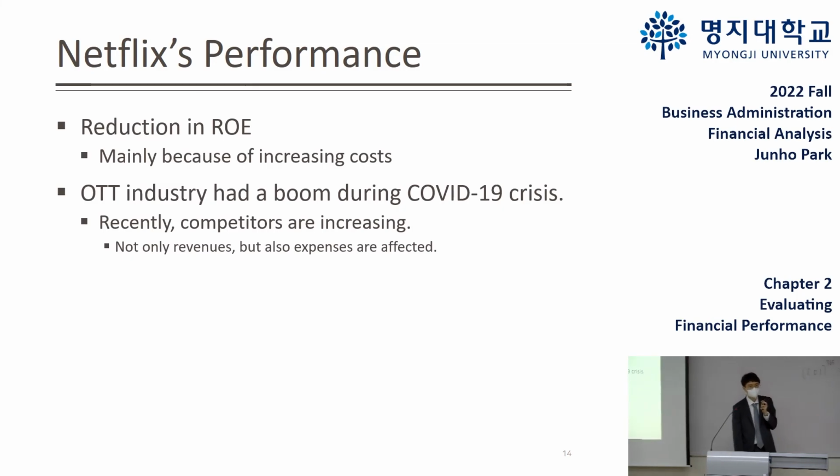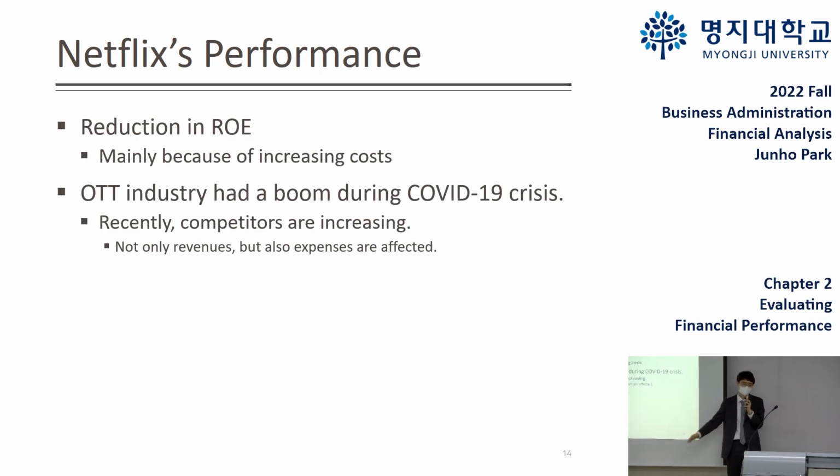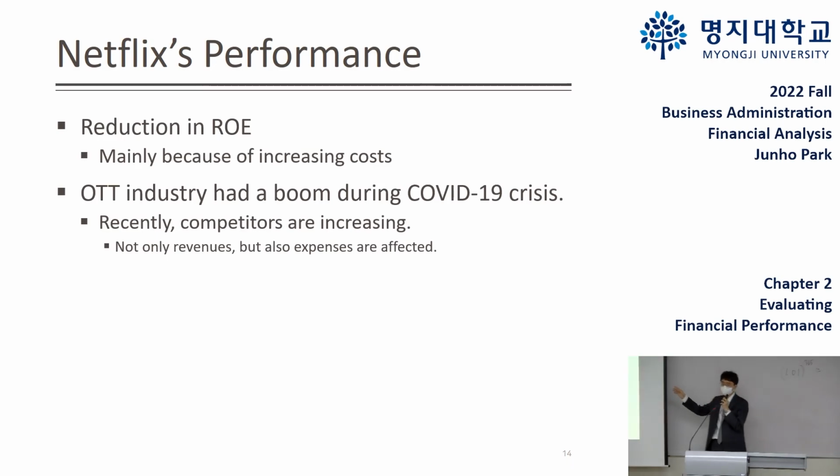But if they do the same thing now, they should pay more because other companies as well are trying to get those production teams. So they have to pay more to the content creators, which will increase their cost, but at the same time their revenues are decreasing. So that's why maybe they would not be able to get a higher profit margin in the future.